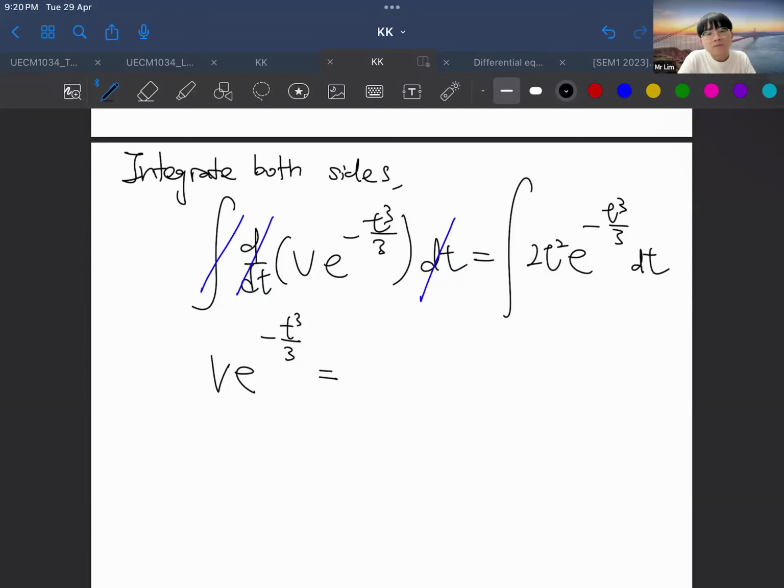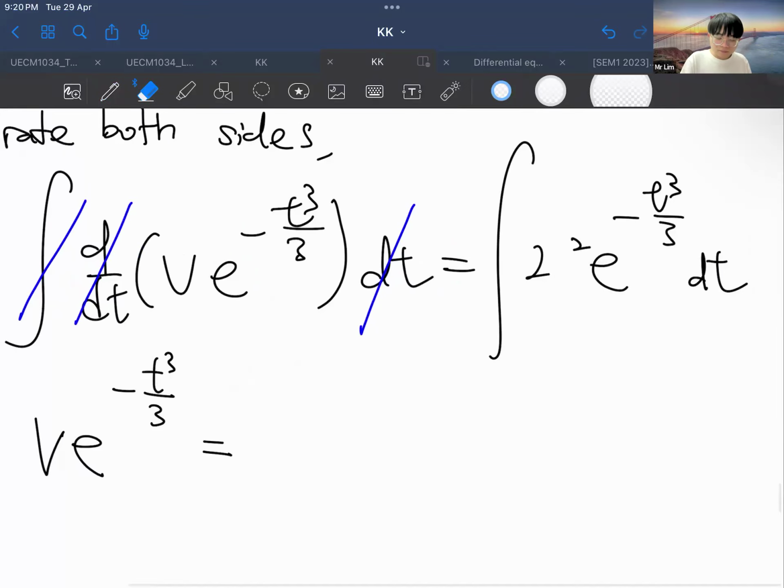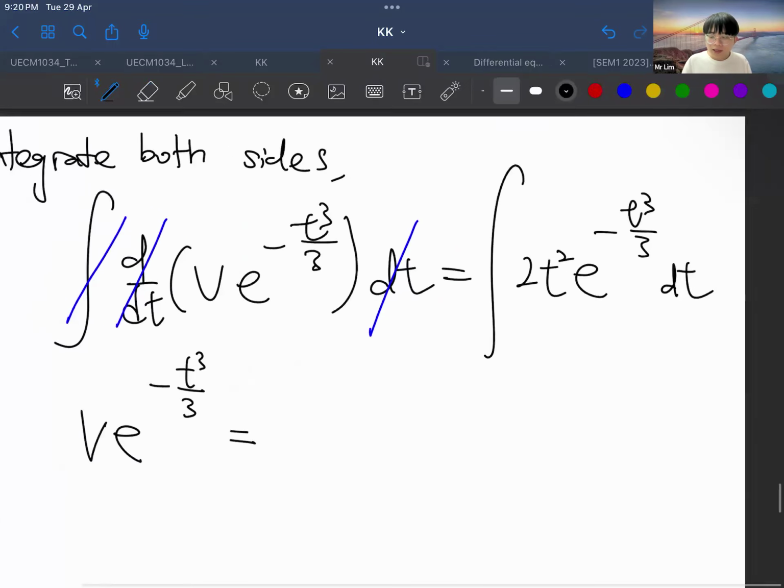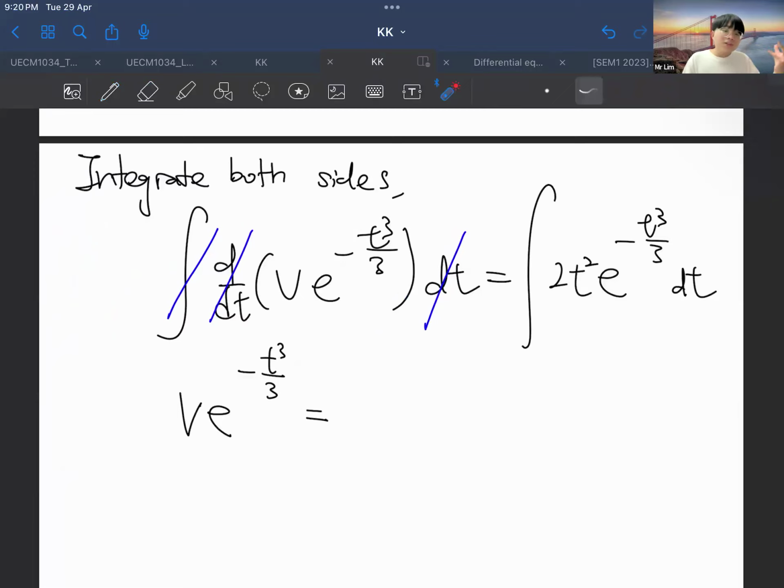Among these five, which one are you going to use for this? A natural guess is IBP, because this is algebra and this is exponential. But when you do, you will find some difficulty. If you don't believe, we can try a bit.